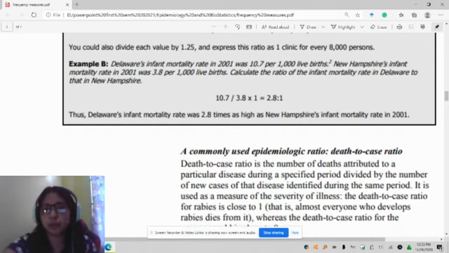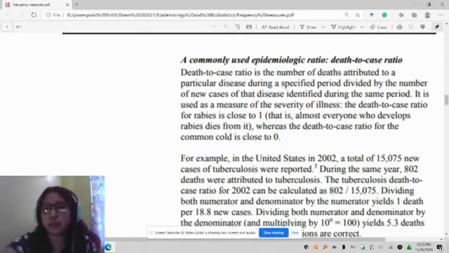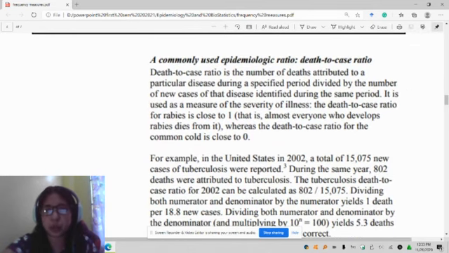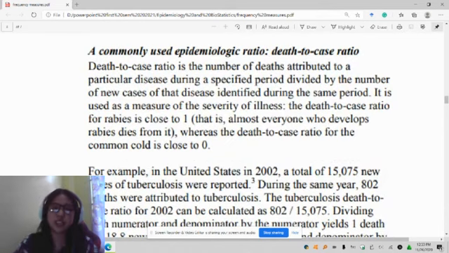Okay, so we have a commonly used epidemiologic ratio, and that is the death to case ratio. What is a death to case ratio all about? It is the number of deaths attributed to a particular disease during a specified period divided by the number of new cases of the disease identified during the same period.